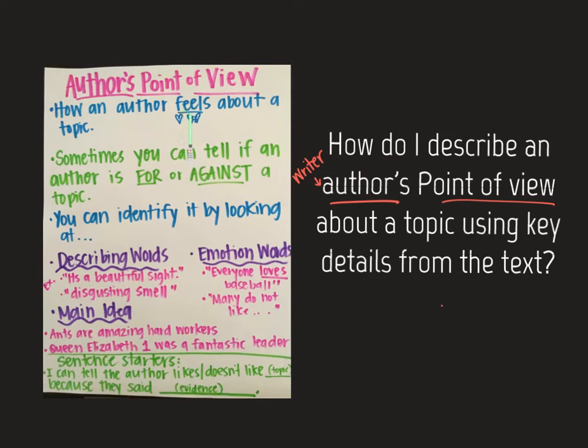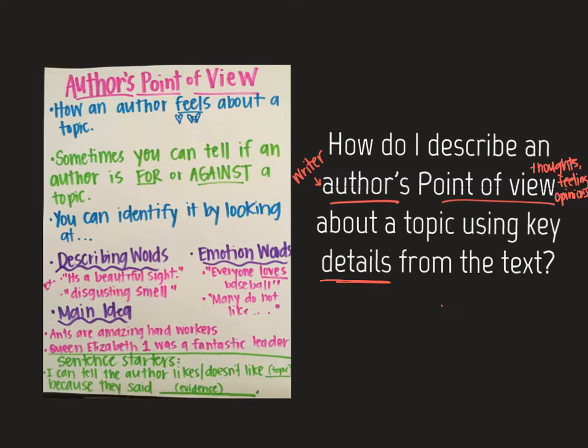Maybe they dislike a topic that they're writing about and they want to share that opinion with you. Okay? So an author's point of view are their thoughts or their feelings, or it can also be their opinions about a topic.